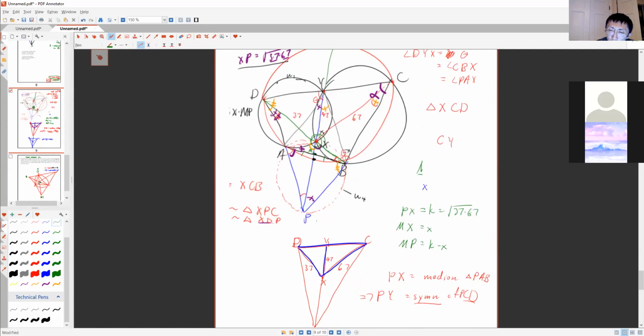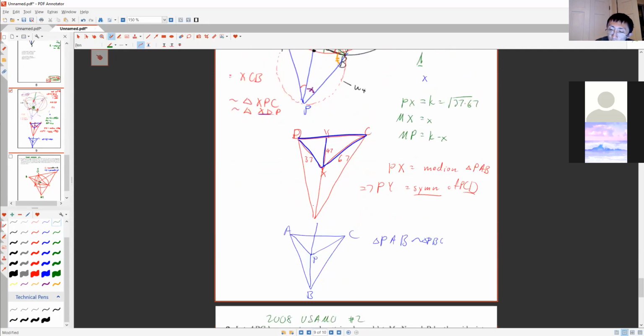So if we go with that, this implies P is the symmedian point of ABC, if we also know that, for instance, PB is a symmedian line.